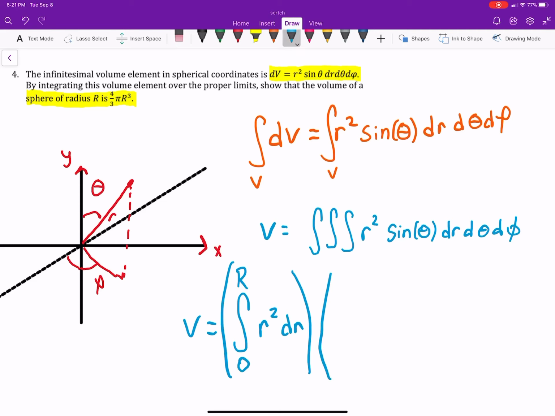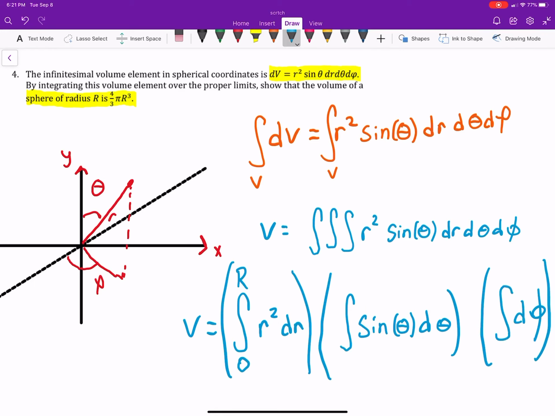That one makes sense. Then we need the integral of sine theta d theta. And then we're going to need the integral of d phi. But the question is, what are the limits? Well, theta can go from the positive y-axis to the negative y-axis.